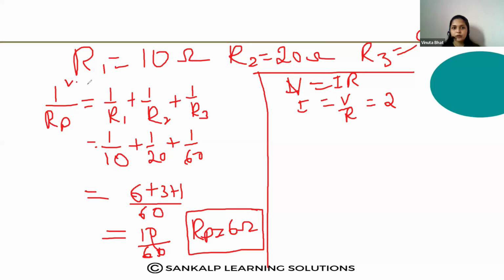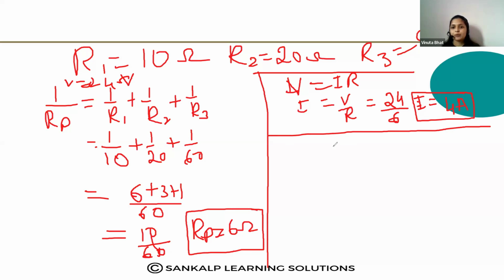So, V is equal to 24 volt. 24 divided by, what is the total R? Total R is 6. Then I is equal to 4 ampere. So what is the value of I? Total current flowing through this circuit, that is 4 ampere.